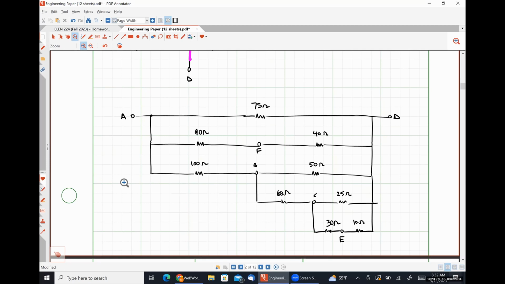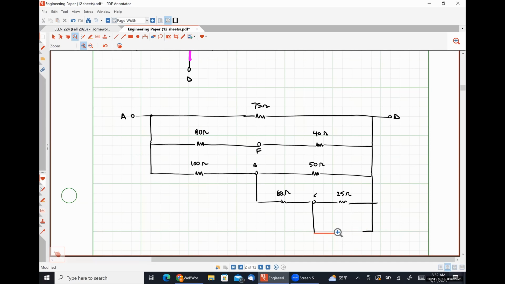the top. Okay. So as Christina noticed earlier, we can see that the 30 and the 10 are in series because they have that single node point shared between them, E. So what's 30 in series with 10 look like? 40, okay? So between nodes C and D, I'm going to replace this 30 in series with 10.